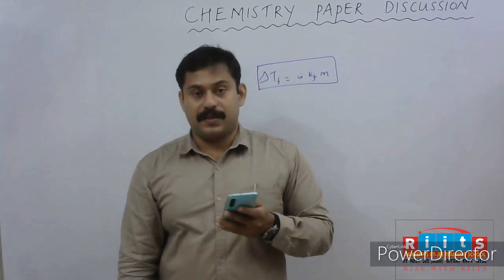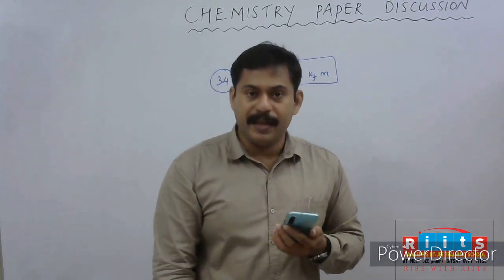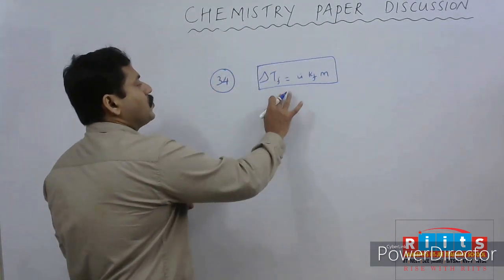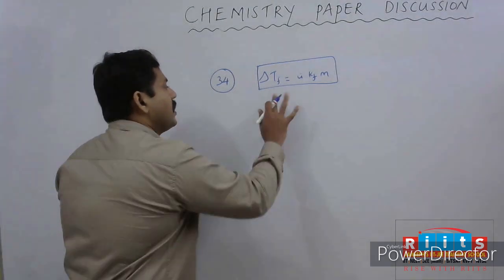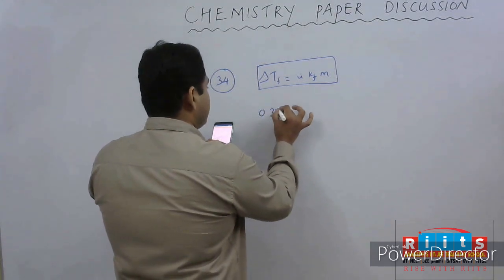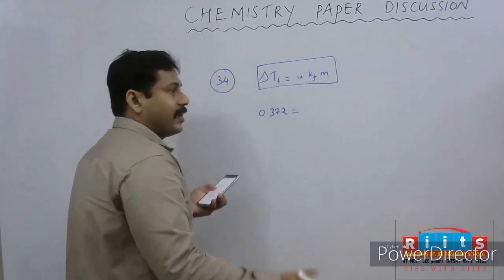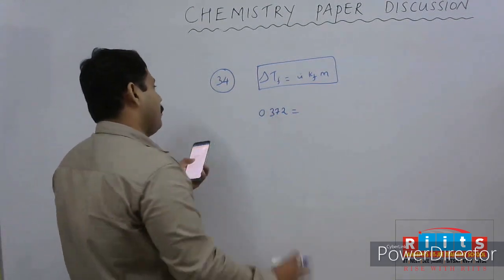It is a mixture of the coordination compound and solution chapters. According to the solution chapter, delta Tf is equal to i into Kf into m, right? Delta Tf is given as 0.372. Do not convert to Kelvin because that is only a difference, so whether degree Celsius or Kelvin, whatever value is given we can put here.